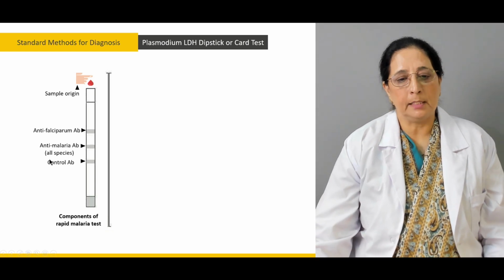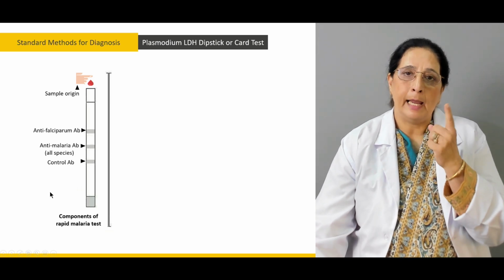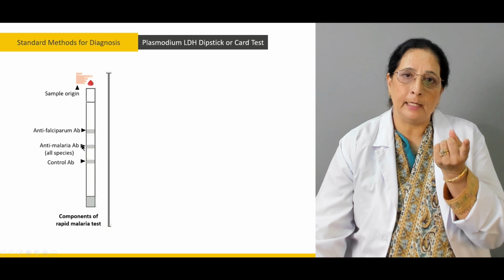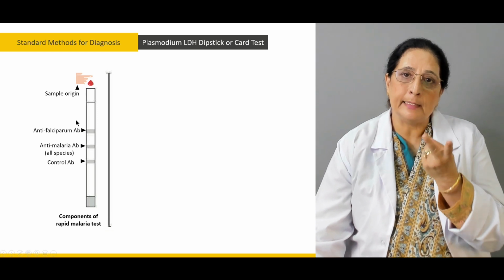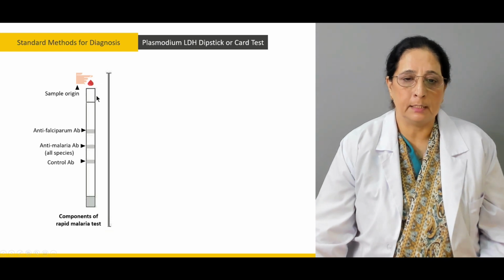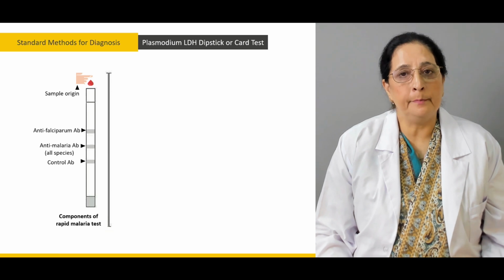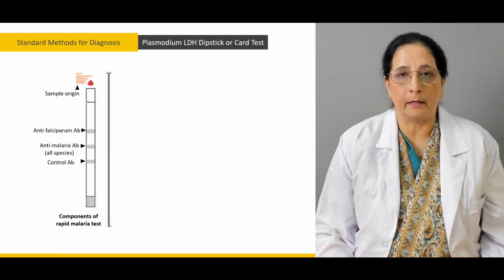Then we have the control antibody. So we have the control, anti-malaria antibodies and anti-falciparum antibody, and then the drop of sample is placed. So these are the components of the rapid malaria test, RMT.